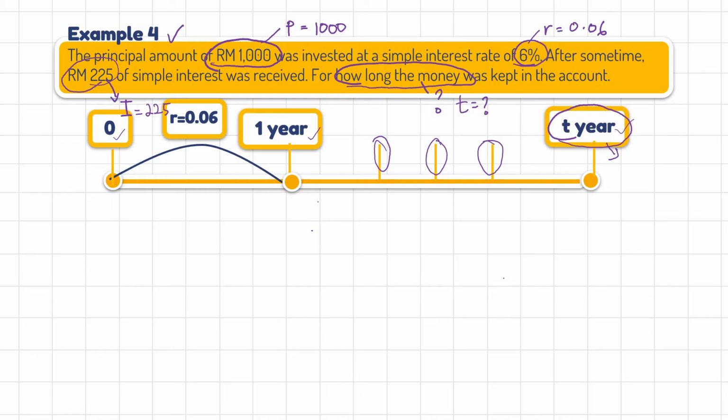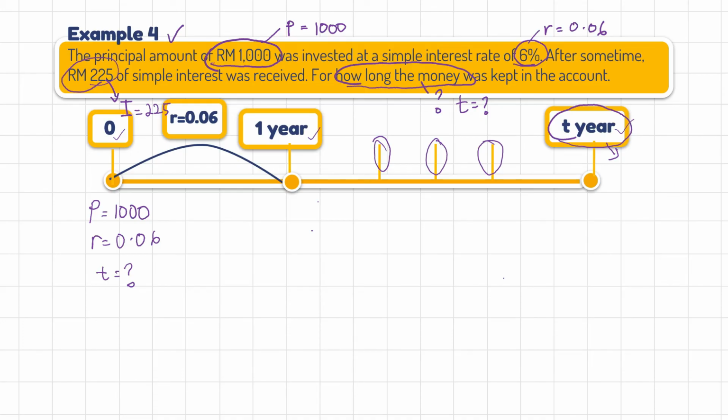Okay, the information that we have is P. So we should write P at 0 equals to 1000. Then our R equals to 0.06. Our T is the one that we need to find.